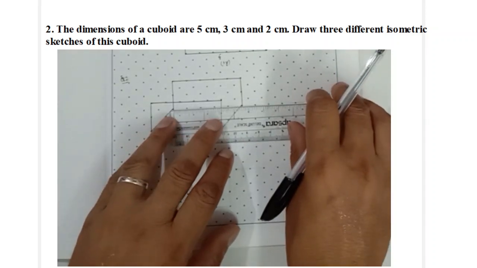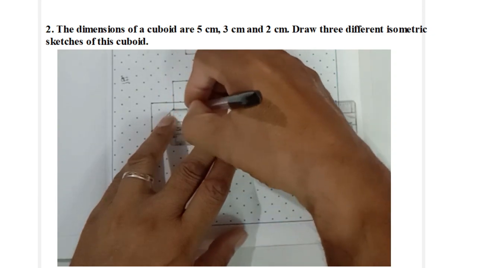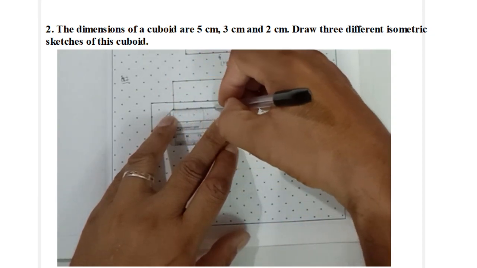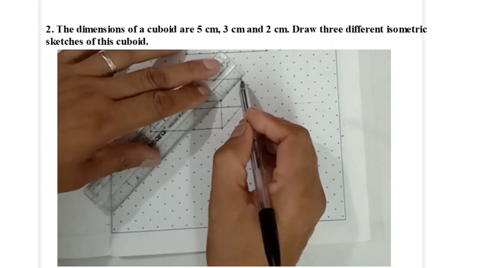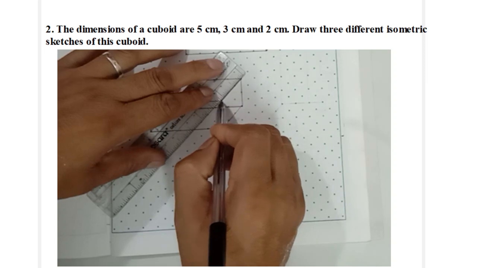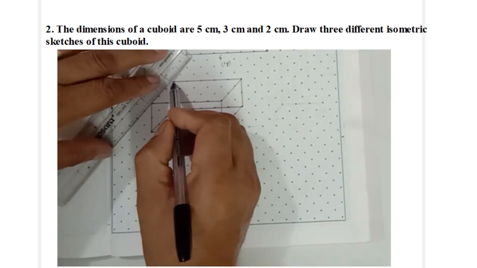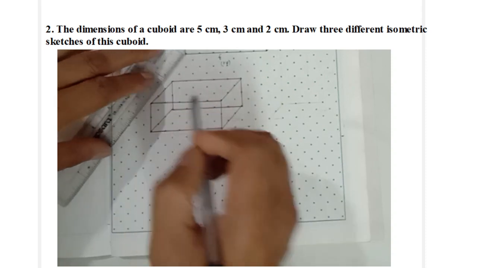Again here join this 5 dots, that is 1, 2, 3, 4, 5, and here breadth is 3. To join 3 dots, 1, 2, 3. Again 3 dots, 1, 2 and 3.